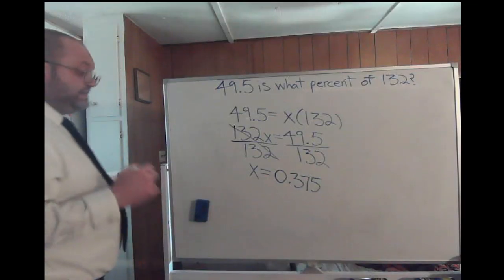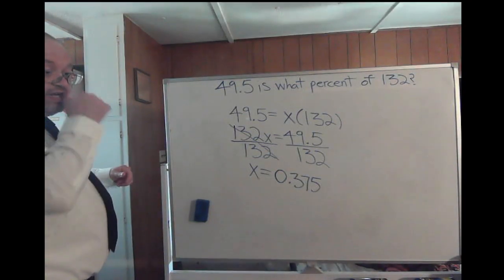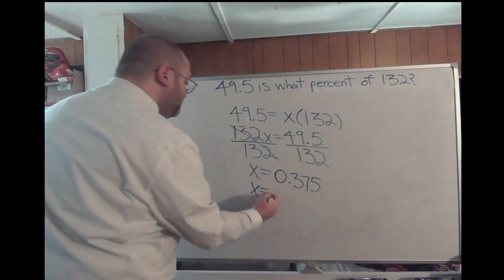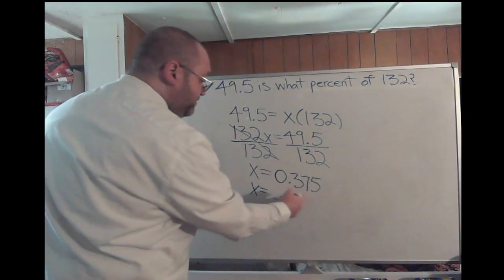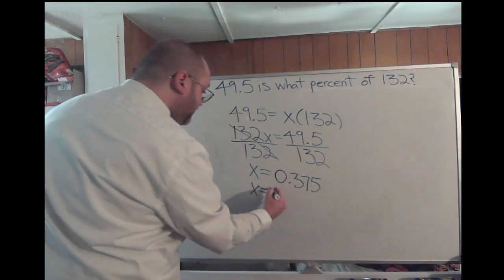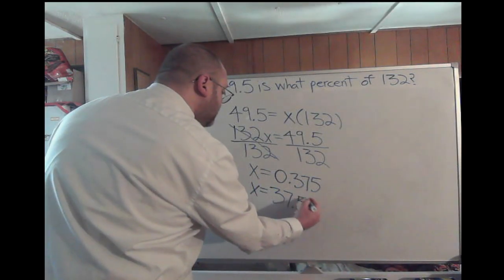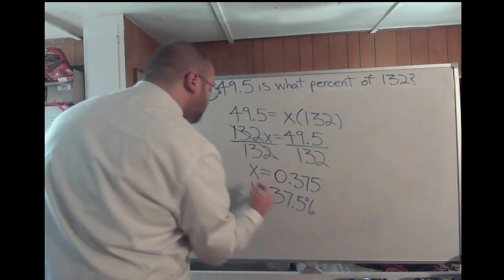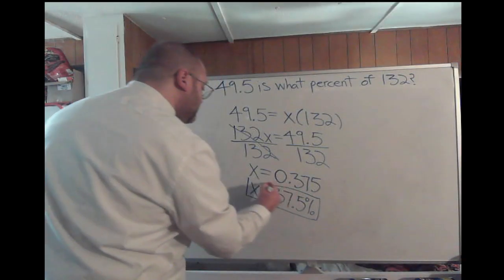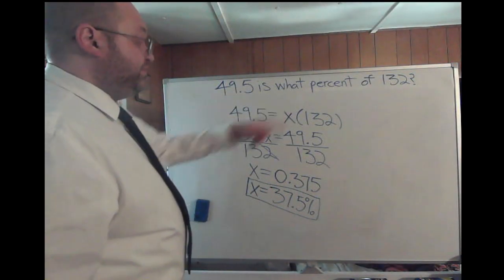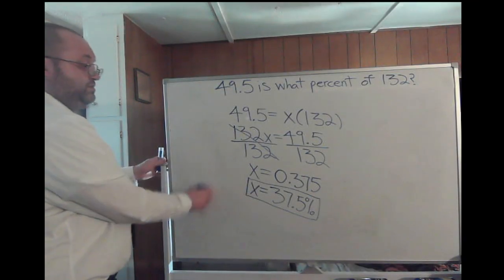Well, we got it as a decimal, 0.375. We want to get that as a percent. So x is going to be equal to, as a percent, move the decimal place 2 to the right, you would get 37.5%. That would be your answer. So 49.5 is 37.5% of 132. That's the answer.